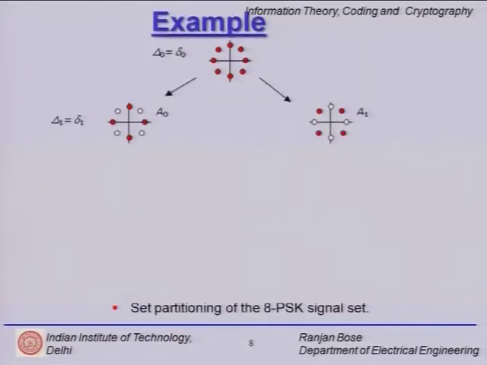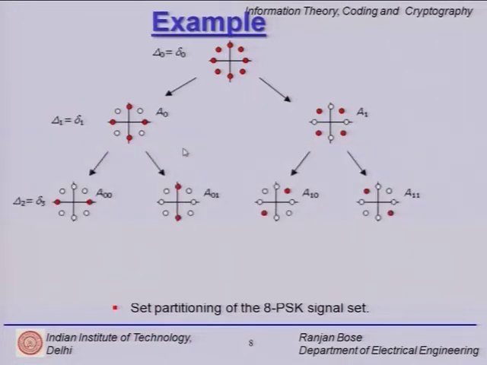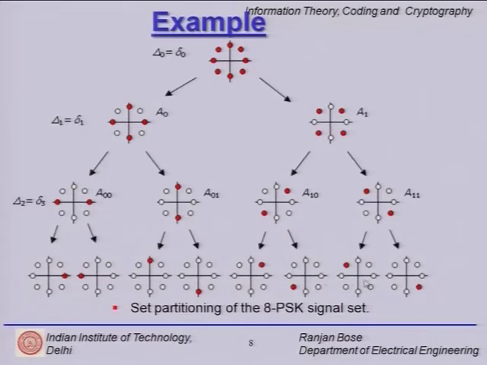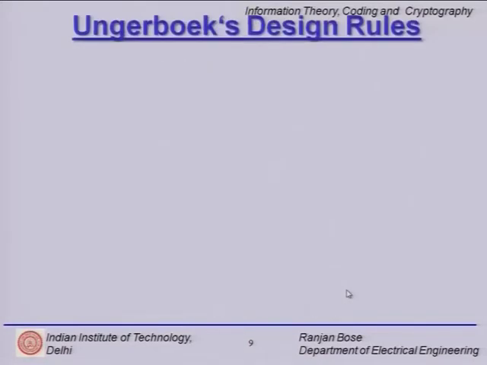So, this is a simple example of 8 PSK and how we do set partitioning. In step 1, we get 2 subsets, each with a larger Euclidean distance, and then we continue this further till we get to the maximally separated points. So, this is an example of set partitioning of the 8 PSK signal set.